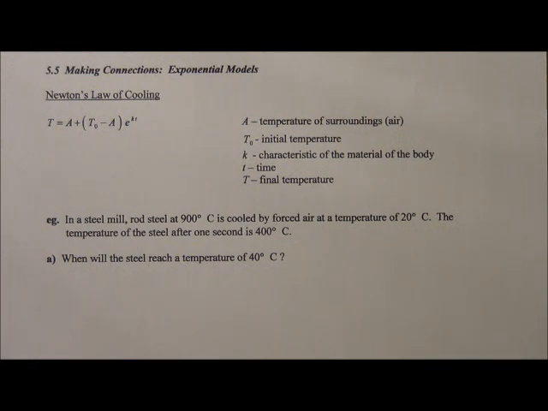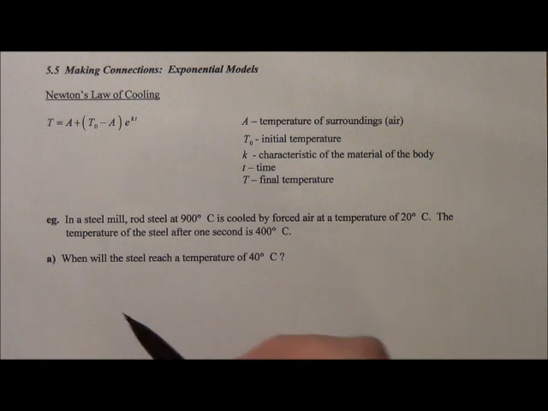So we want to take a little inventory of the different things that we have. We've got 900 degrees Celsius. It's cooled by forced air at a temperature of 20 degrees, and after 1 second the temperature is 400 degrees Celsius.